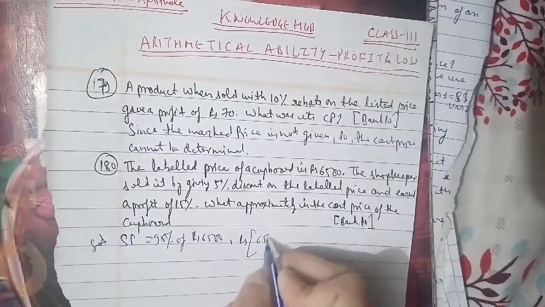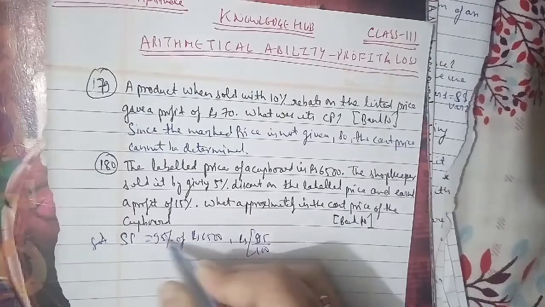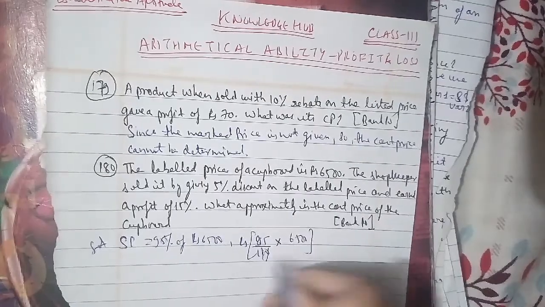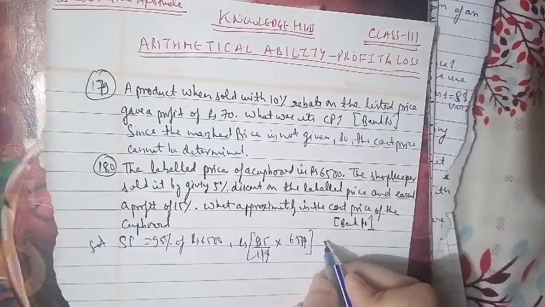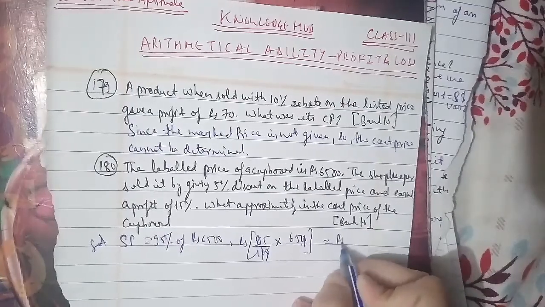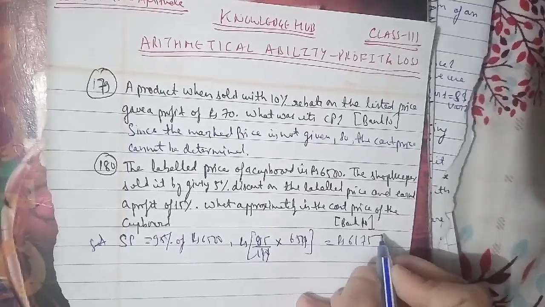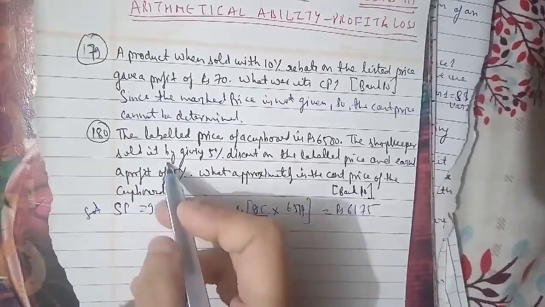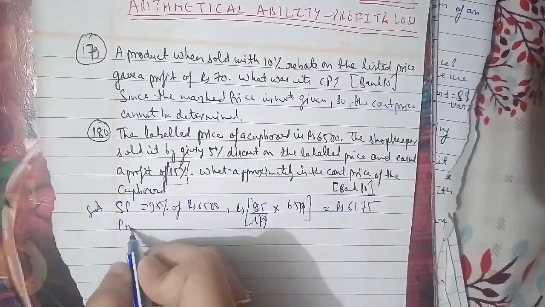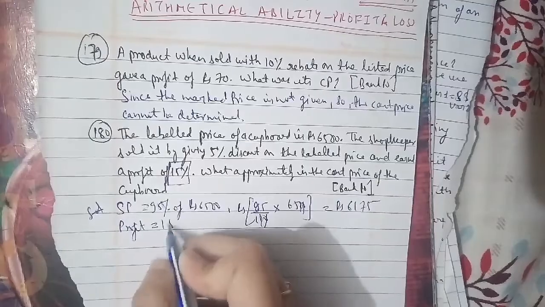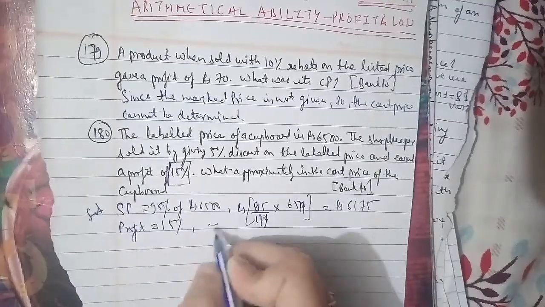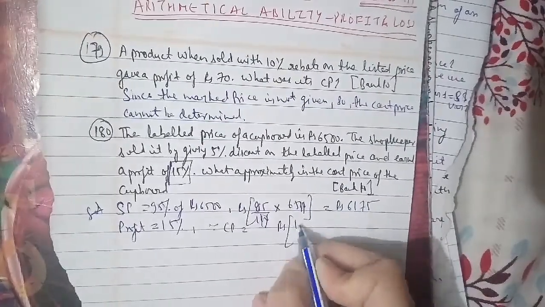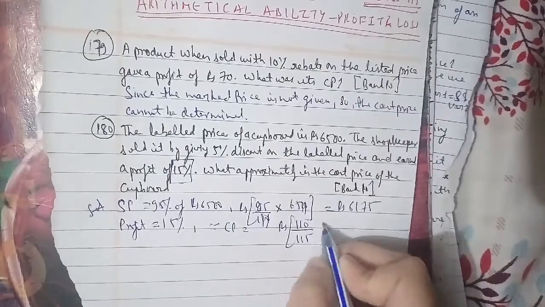Profit equals 15%, so cost price equals 100 upon 115 into 6,175, which equals approximately rupees 5,369.56, so rupees 5,350 is the answer.